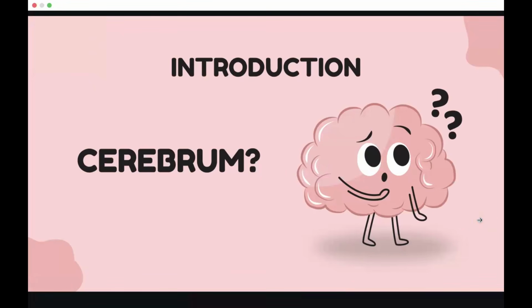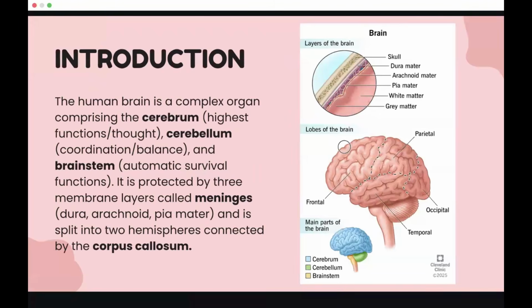First of all, before we go into details, let's start with the bigger picture. What is a cerebrum? The human brain is a complex organ made up of different parts. To simplify it, it's made of the cerebrum, cerebellum, and the brainstem.